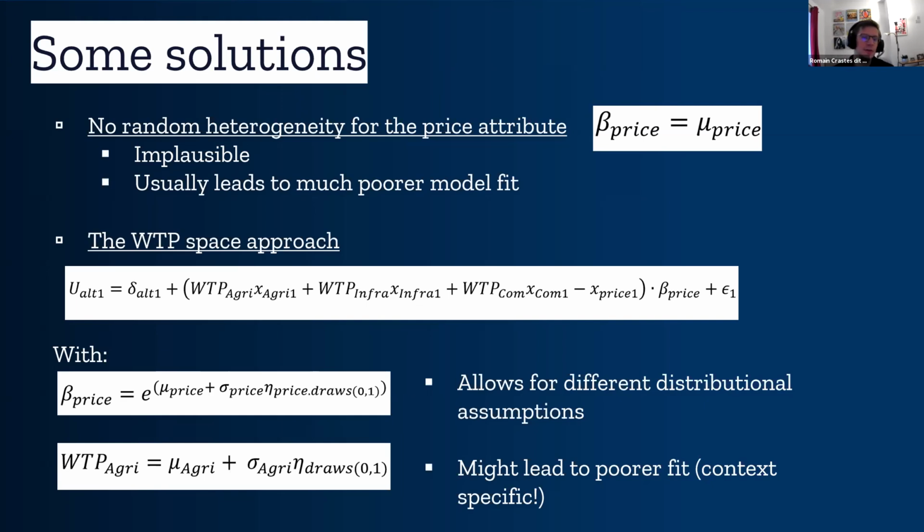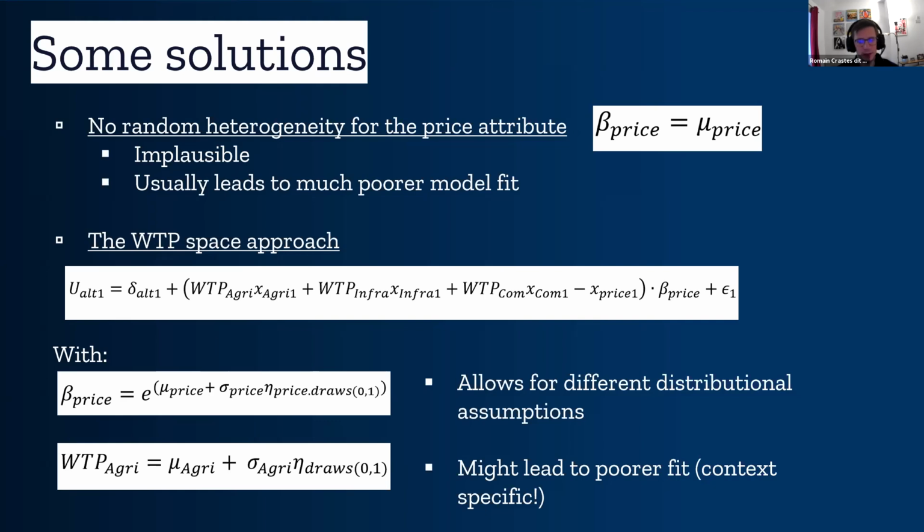For the non-specialist, what this allows you is a different range of possible distributions for the willingness to pay for each attribute. And in this case, that would allow me to specify my willingness to pay for, let's say, agriculture as normal, instead of specifying it as the ratio of a normal and a log normal distribution.